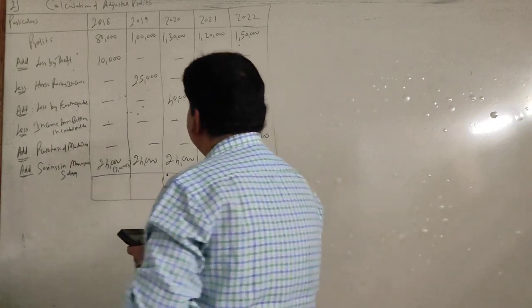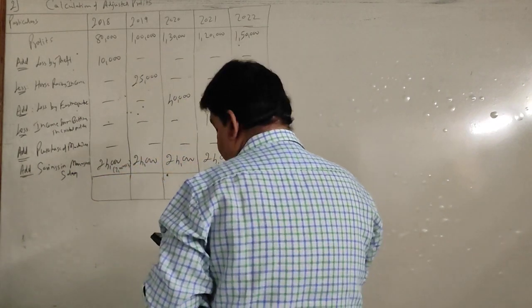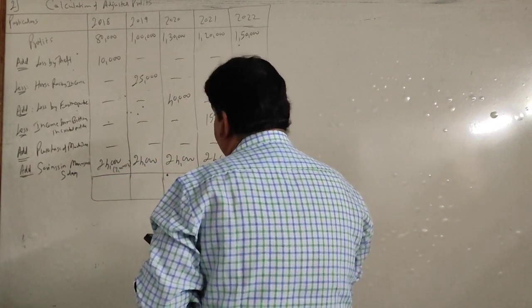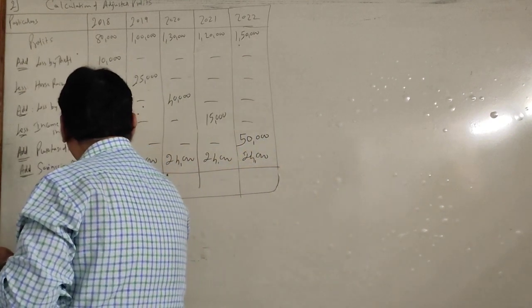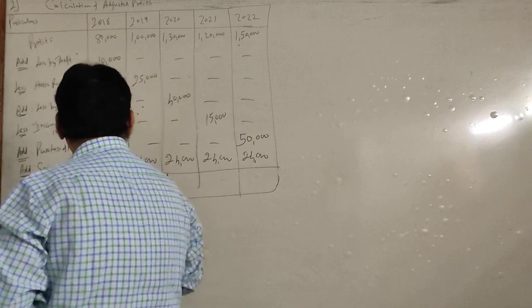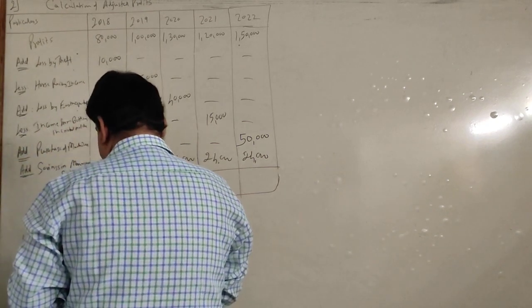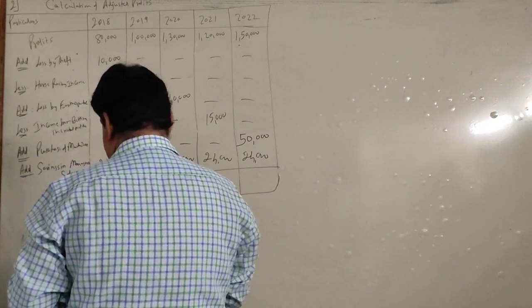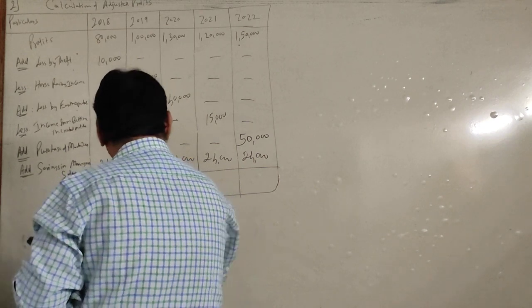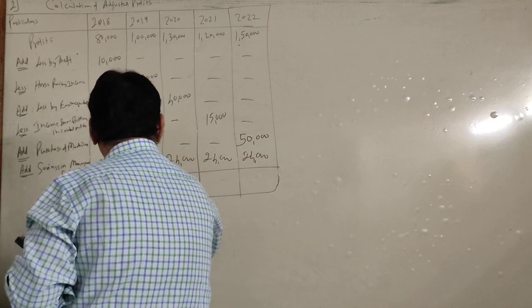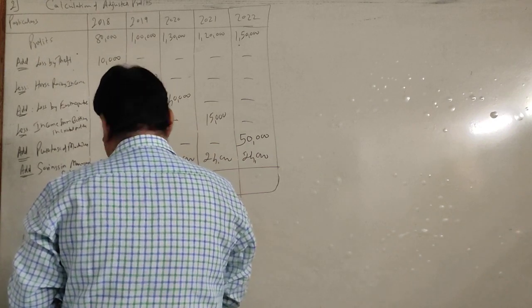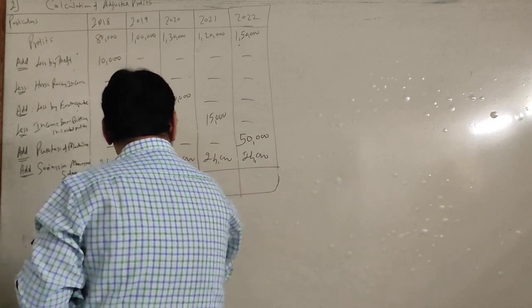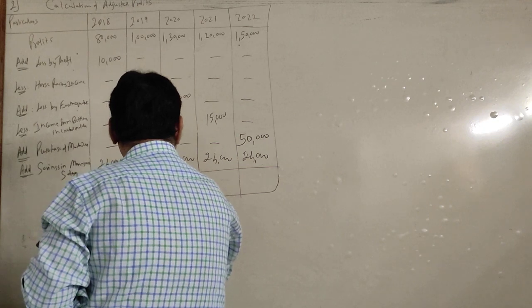Okay, that's it. Let's take the adjusted profit total. 80 plus 10 plus 20, 1,40,000. 1 lakh 99, 194.